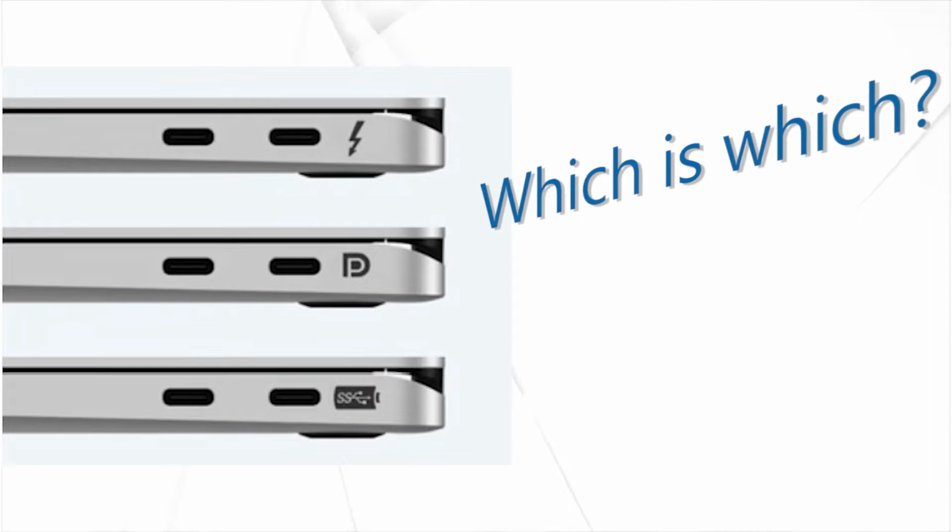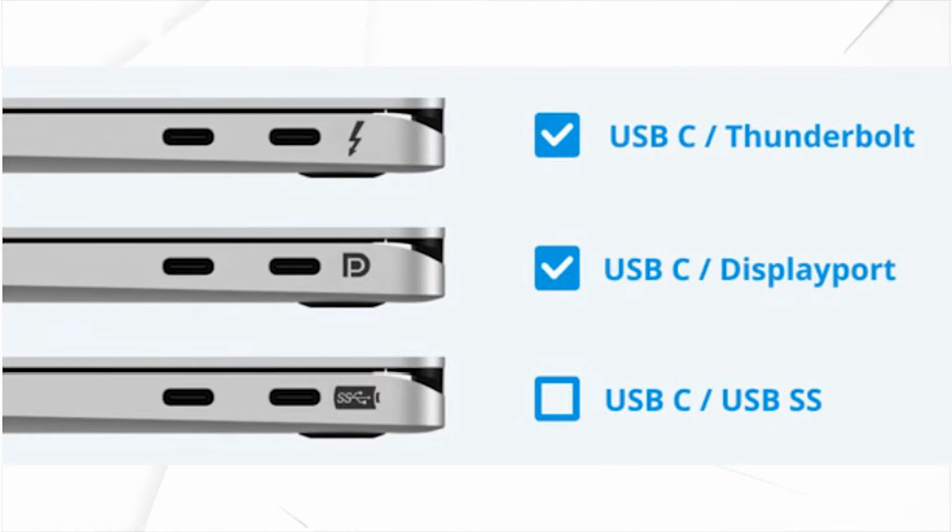Thunderbolt requires higher minimum spec standards for power, data, and video than base USB-C protocols. Therefore, the speed of data transfer is one of the main differences. Thunderbolt is way faster than USB-C, but the differences go beyond the speed.